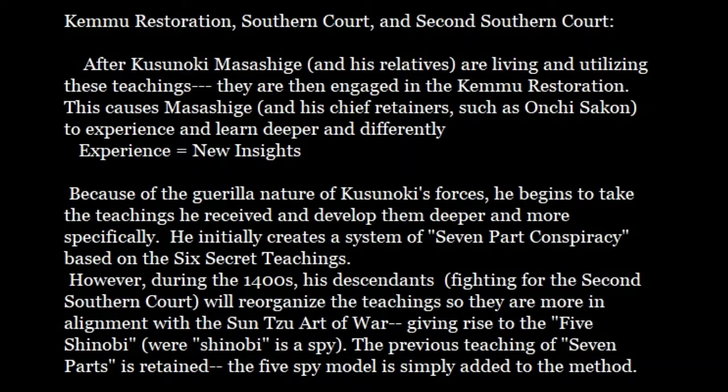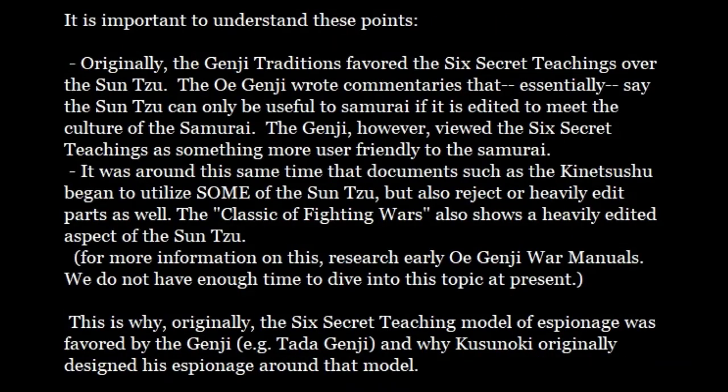And this gives rise to the quote-unquote 5 shinobi. In this case, the shinobi is a spy. So the previous teaching of the 7-part conspiracy is retained, but this 5 shinobi, or 5 spy model, is added to the method. Now let's take a moment to look at this because it's important to understand these points.